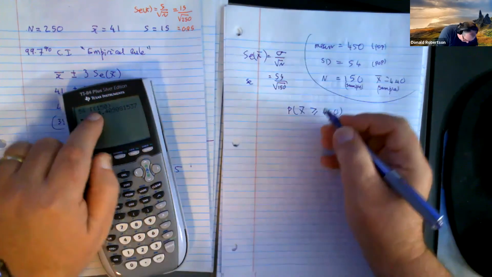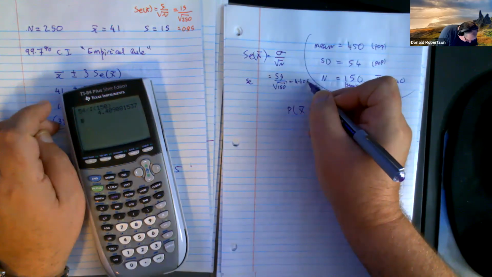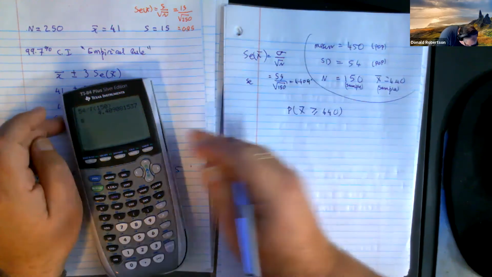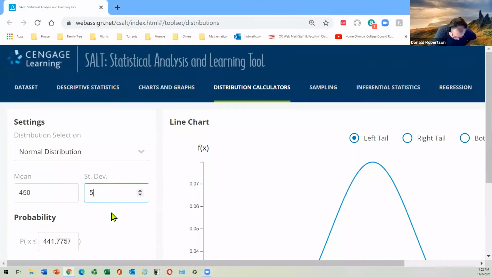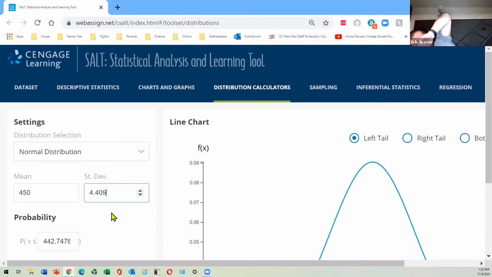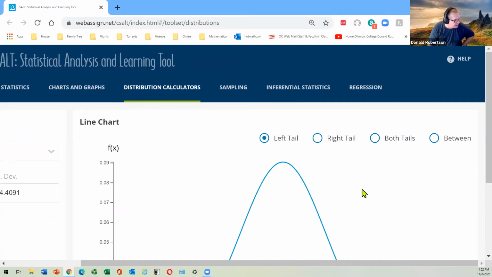And that's 4.409. There we go. Right, now I can return and use salt. So this here is 4.4091. And we want to be greater than or equal to 440. Okay, which one of these dots do you pick for a greater than?